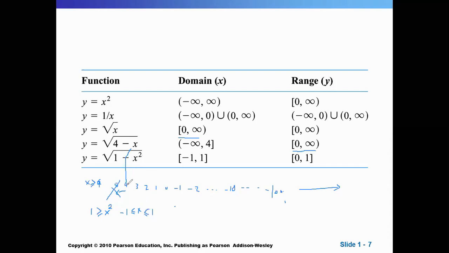Why did we choose 1? لأنه عندنا 1 minus x squared. So if we have 1 minus x squared, we want to make sure that the value under the جذر لازم يكون إيش؟ أكتر من 0. فعشان ما يكون أقل من 0، x squared لازم تكون أقل من 1. صح؟ إذا حطينا x equal to 2, what will happen?